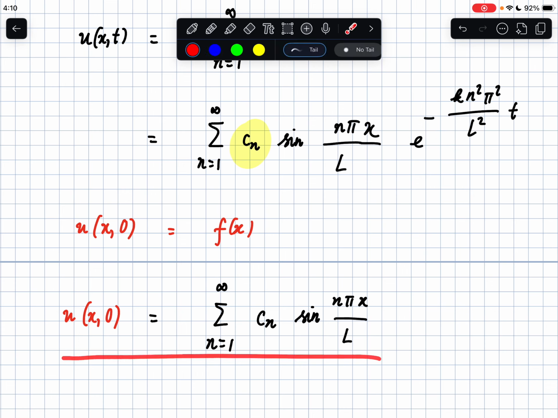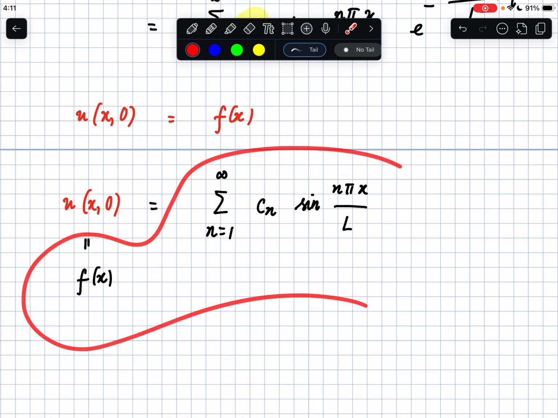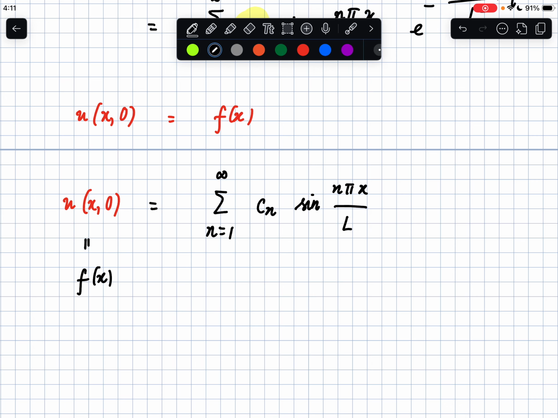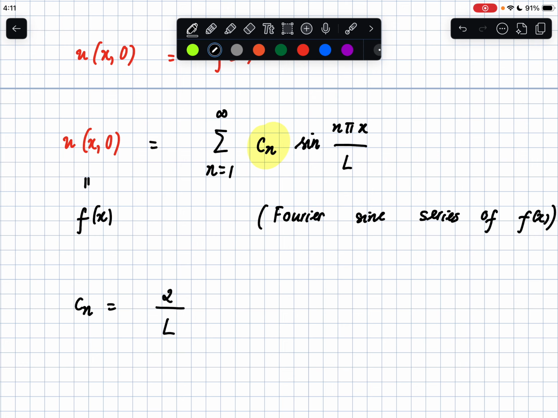Therefore u of x comma 0 equals this one, and this one is f of x. You see that this formula is exactly the Fourier sine series of the function f of x, and therefore the coefficient Cn is given by 2 over L times the integral from 0 to L of f of x sine n pi x over L dx.